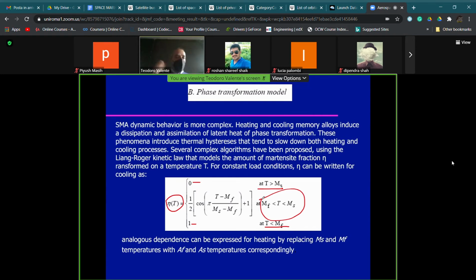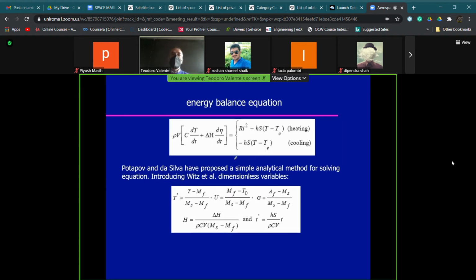So it is the first simplified form, for which we are also making the hypothesis that at the beginning the material is 100% martensite or 100% austenite, depending on which way you are going to move. That is C0 that we have used in our general formula is equal to 0. So this is the simple, let me say, modeling we can do. And this is the phase transformation model.